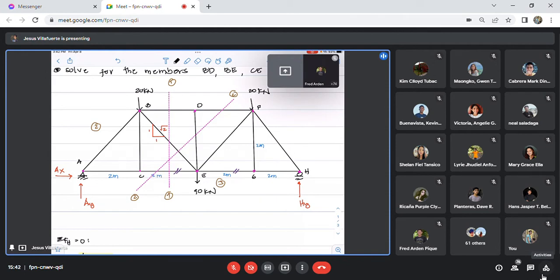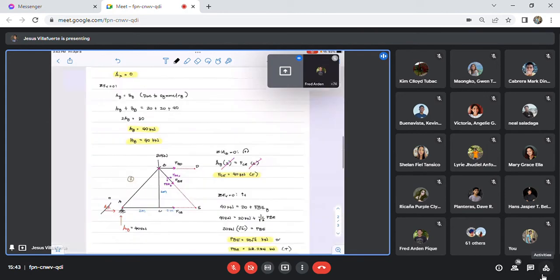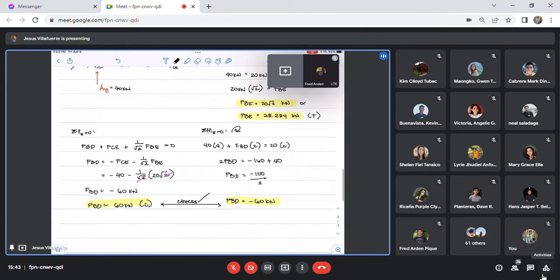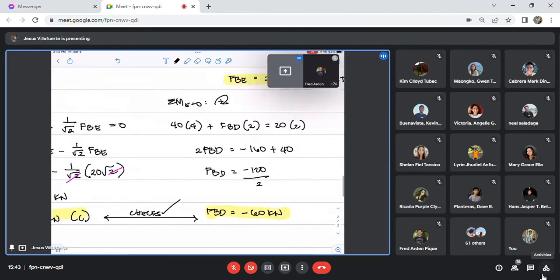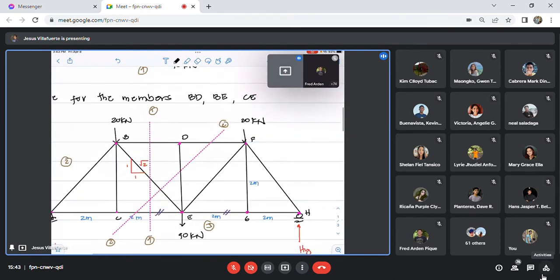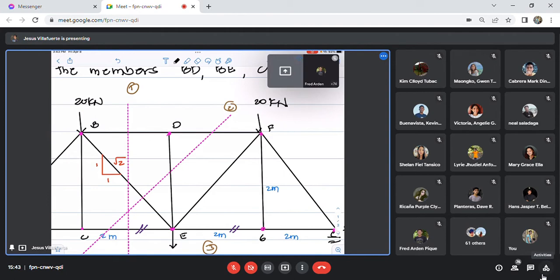So the force in member BD should be equal to member DF. If we found out that member DF is equal to BD, the answer should be negative 60 kilonewton. So this right here, member DF, must be 60 kilonewtons compression.